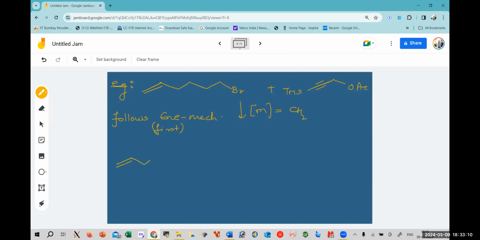So since we are having this chain, M=CH2 will react here, it will go here, and it will form M. And then this chain is coming over here. 1, 2, 3, 4. The chain goes here. Now the bond will be formed between these two.